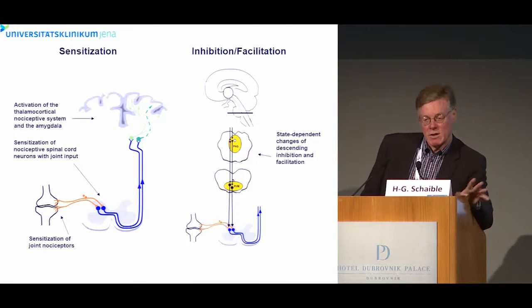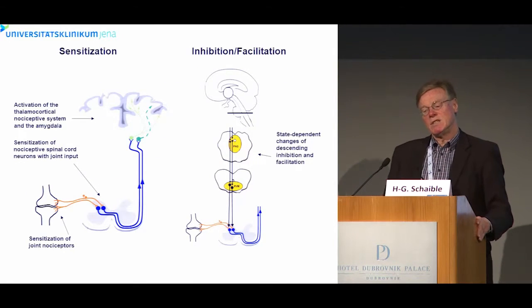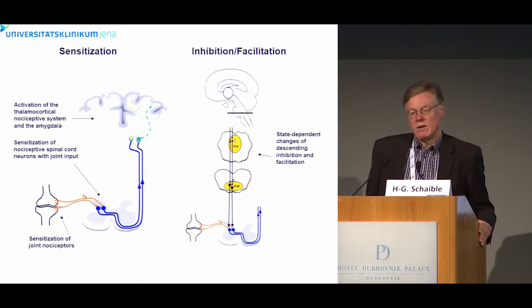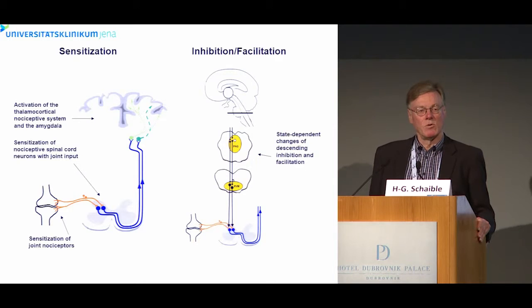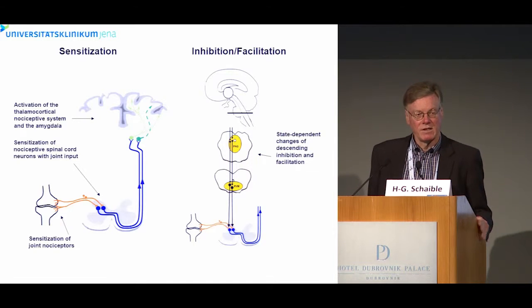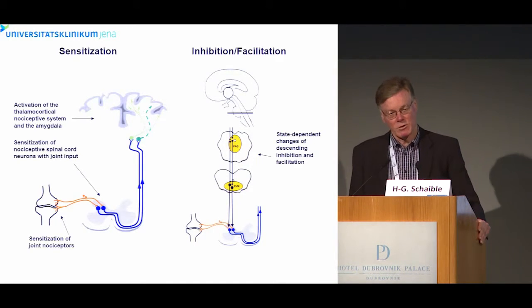Finally, it was already alluded to, the descending systems which are controlling to some extent the pain. And in fact, I think the first person who has detected this in humans is here in the room. This was Eva Kosek and her co-workers.